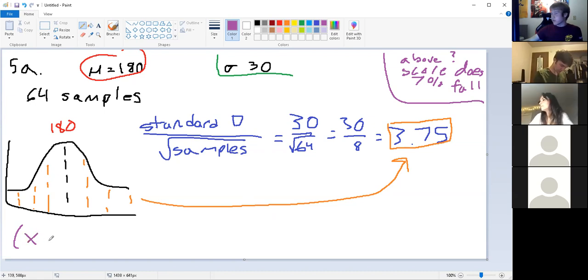So we don't know the actual score, but we know the mean. We know our standard distribution. And then there's a z-score in the book. If I remember correctly, for 7%, it's 1.48.